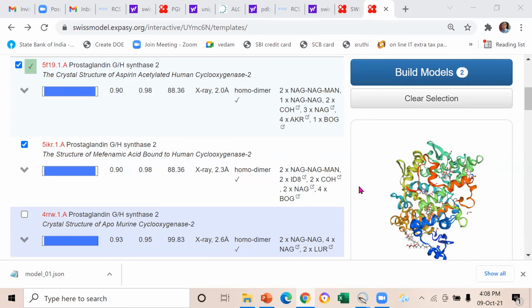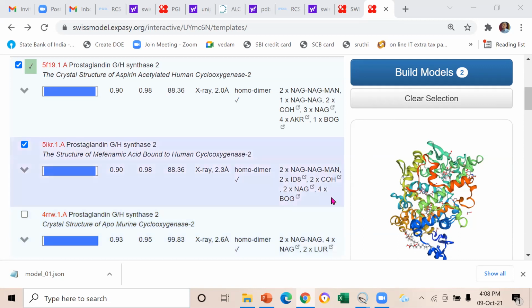Or I may have it for human, but it will not be very relevant, because there may be lipoxygenase, formic acid bound to lipoxygenase, some drugs bound to some open form, so many things will be there. So something which is very relevant for me might not be there. Then you have to do homology modeling. So this is going to be part of it. Before docking, in many cases we will be doing homology modeling.